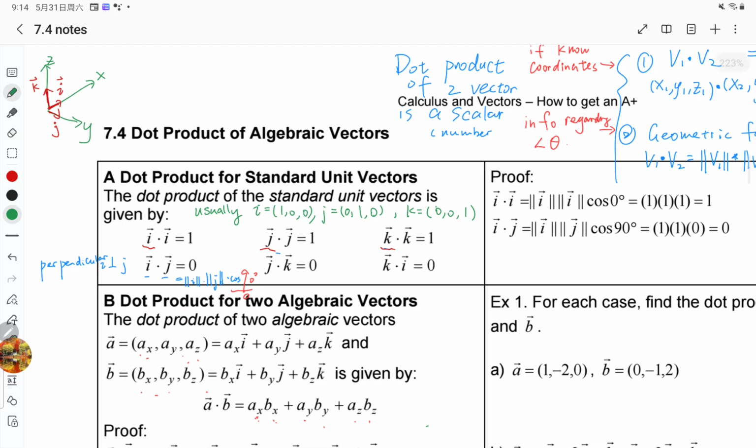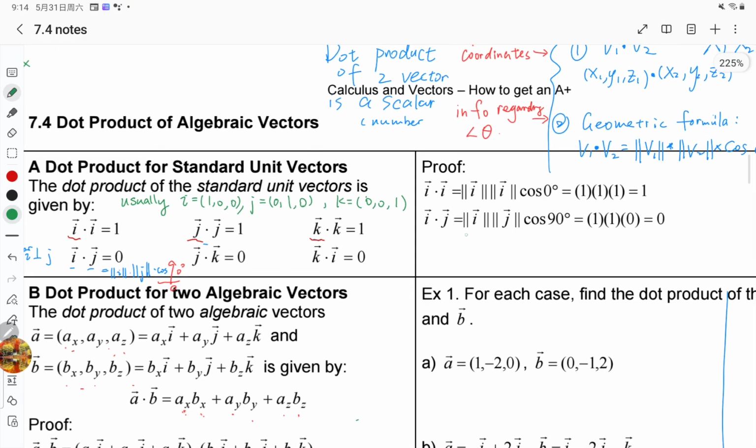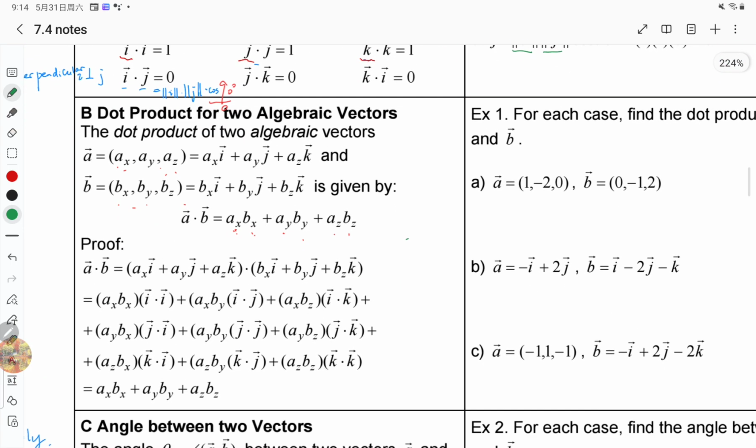The reason is plugging into the inner product formula: inner product of I and J is the length of I times the length of J, times cosine 90 degrees, okay? Cosine 90 degrees.